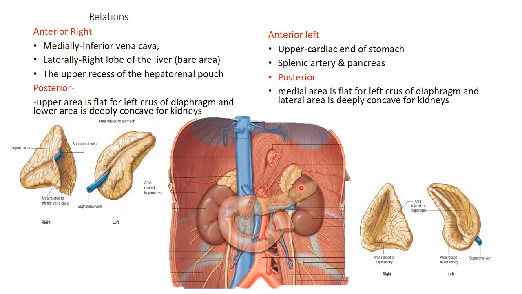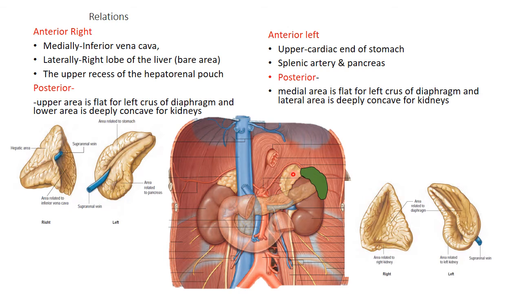Below that, here we can see this is the pancreas, and we know that along the upper border of the pancreas, splenic artery is running like this. This is the celiac trunk. So here is the splenic artery which is reaching up to the hilum of the spleen like this. So tail of the pancreas and the splenic artery, they are reaching up to the hilum of the spleen.